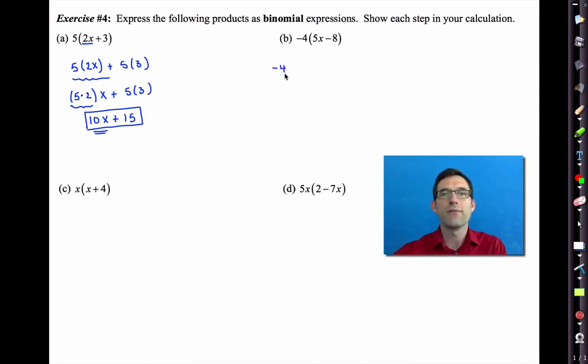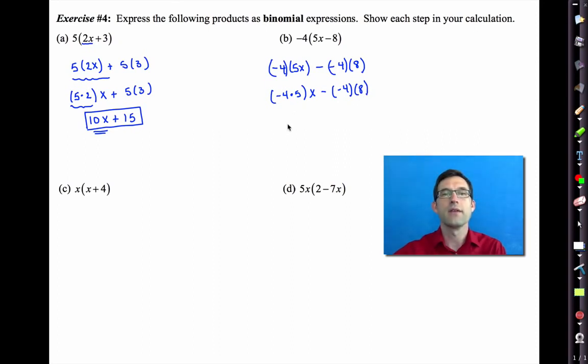I'm going to do negative 4 times 5x minus negative 4 times 8. Oh, that looks confusing, doesn't it? Maybe I should do this. Maybe that helps. Maybe it doesn't. Again, using the associative property of multiplication, which allows me to group this multiplication together. No worries here. We'll just leave that as negative 4 times 8.